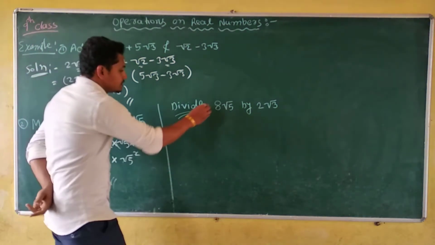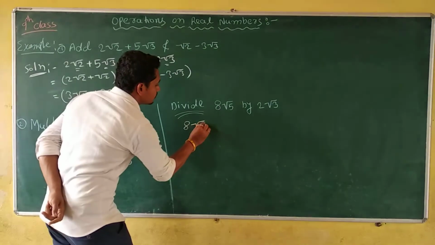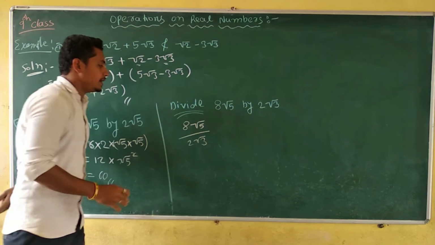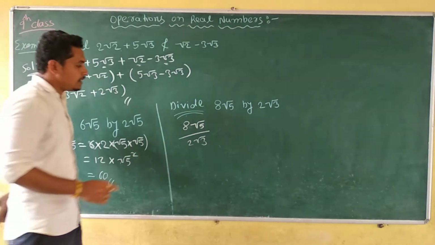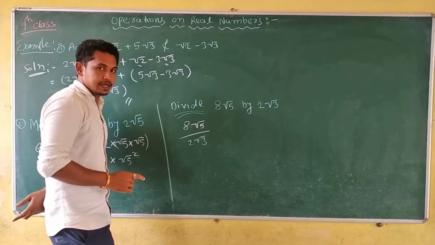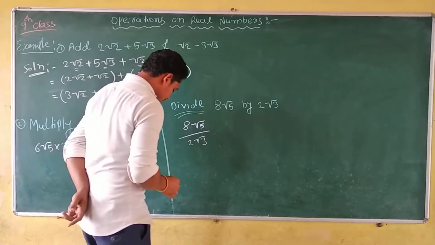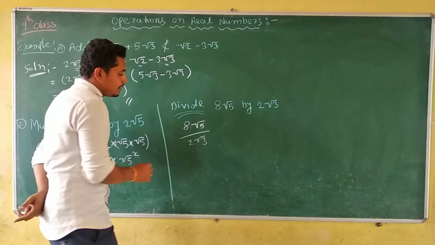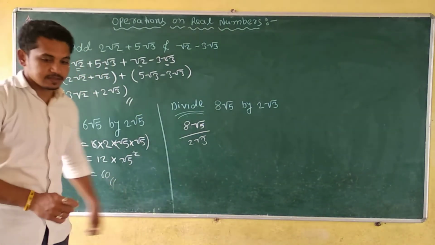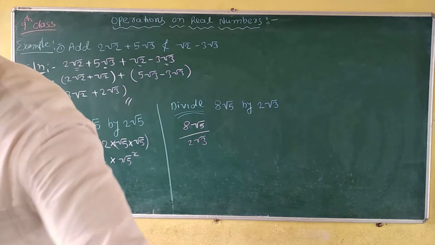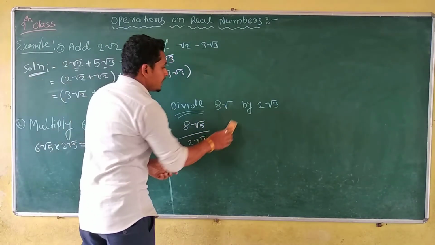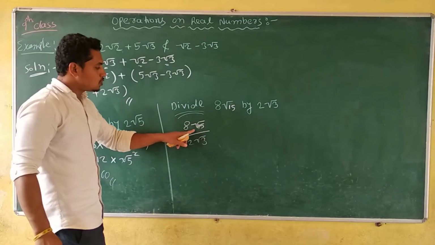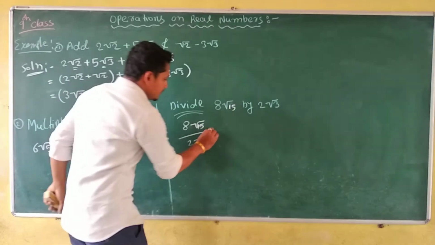Next, division: 8 root 15 divided by 2 root 3.